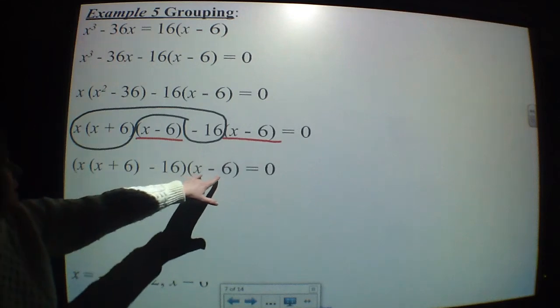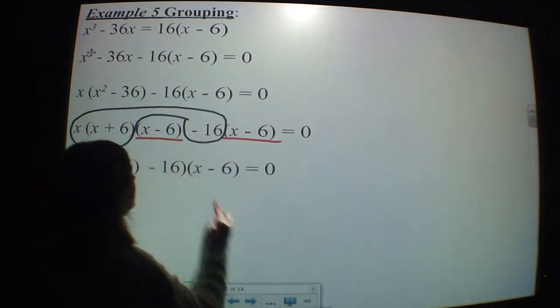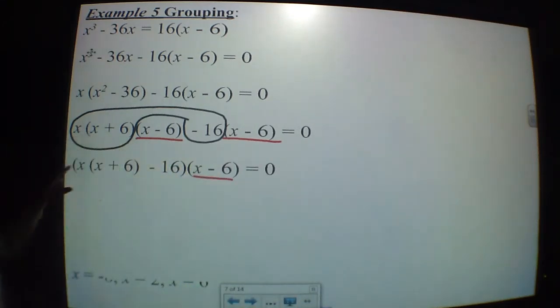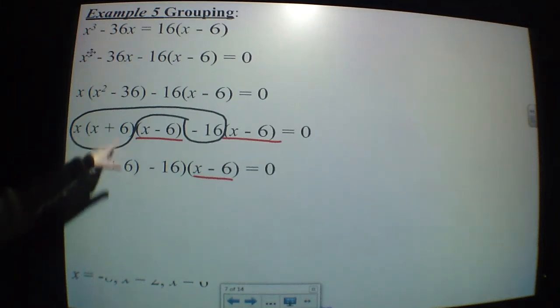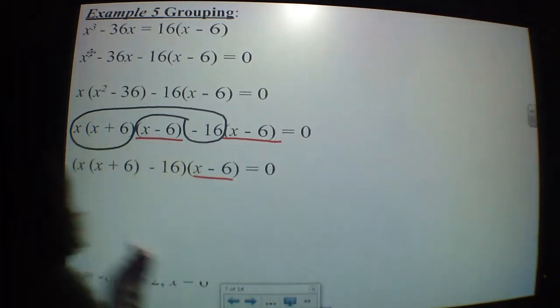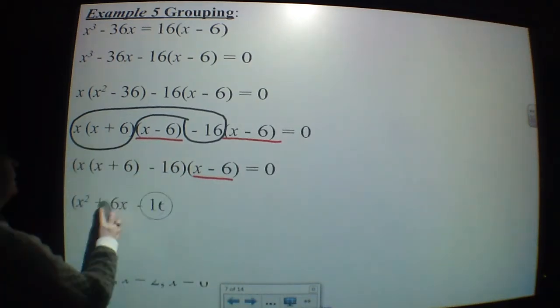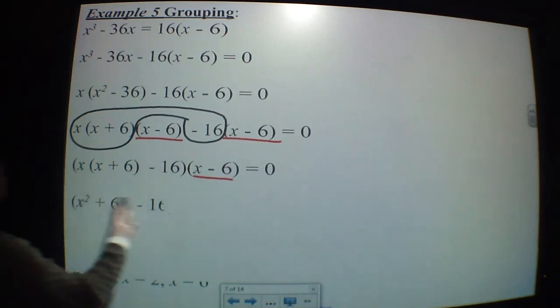I factored out my x minus 6, so that's what that is. And this was the circled part, x plus 6 minus 16. So I'm getting there. And then I can distribute.